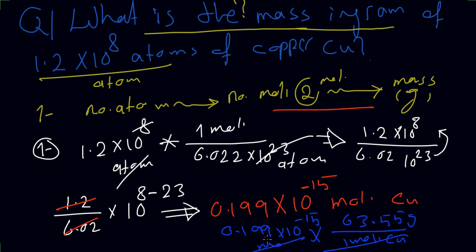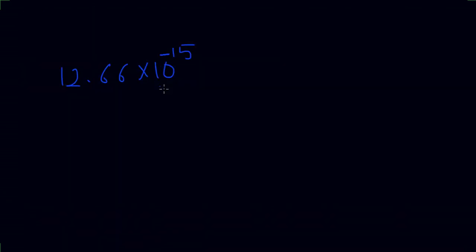Okay, this number multiplied by 63.55, the result is equal to 12.6 multiplied by 10 to power minus 15. This is our result. Just you'll change a little bit.